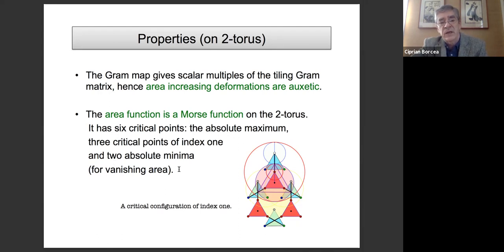But you see the usefulness of nevertheless considering these degenerate positions from the point of view of mathematical analysis.